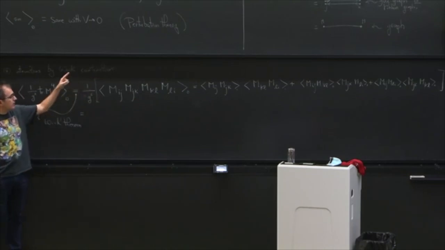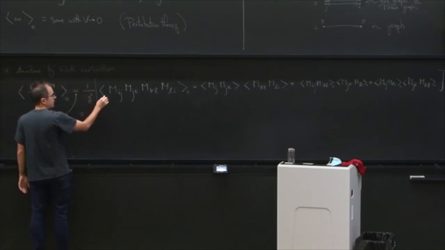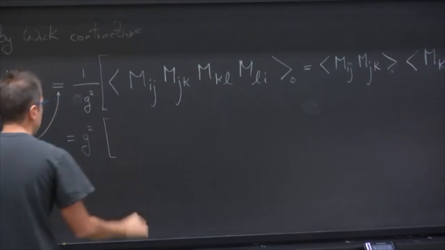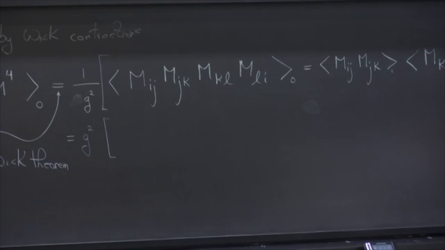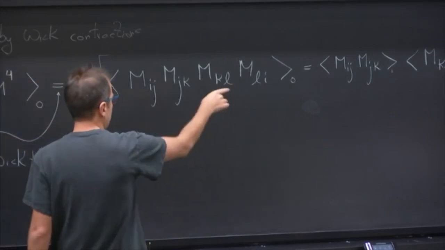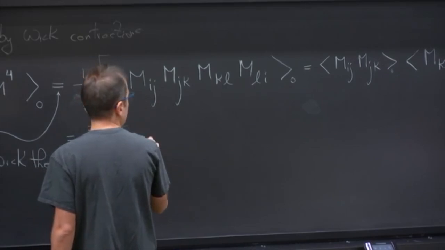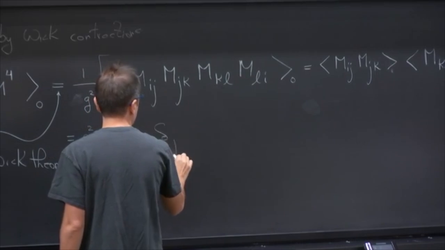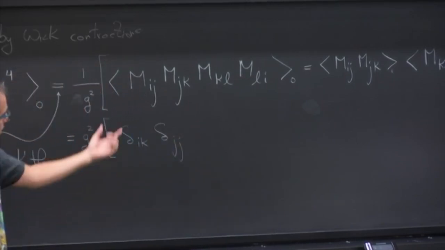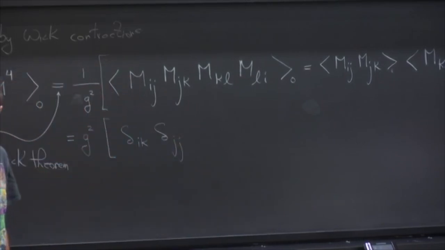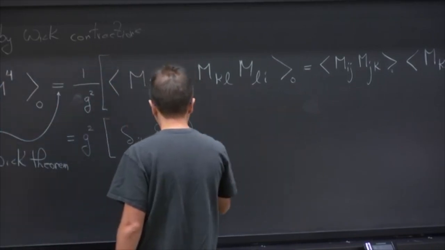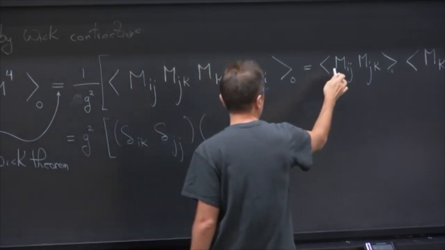Now, each propagator comes with a g square. So now 1 over g square, there are 2 propagators. So in total, there will be g square in front instead of 1 over g square because of the 2 propagators, each propagator with its own g square. And now we just write the Kronecker deltas. First Kronecker delta, there is delta i with last, first with last, ik. And now delta jj. You agree? First propagator. Again, first index with last index, always. And then, let me put some parentheses to remind you that it comes from the first term.